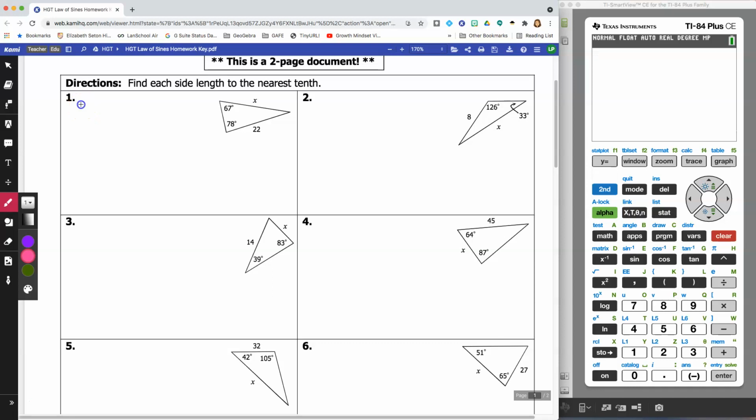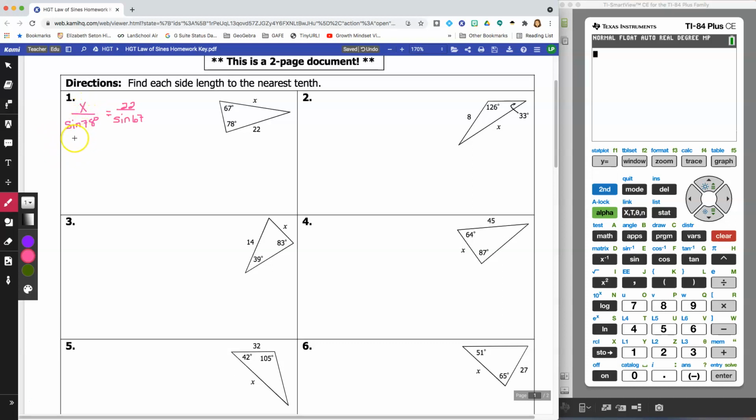Because I'm looking for a side length, I'm going to put the side lengths in the numerator. So I have x over the sine of 78 degrees is equal to 22 over the sine of 67 degrees. Remember, this is the law of sines, it's looking at the ratio of a side length to the sine of the opposite angle.